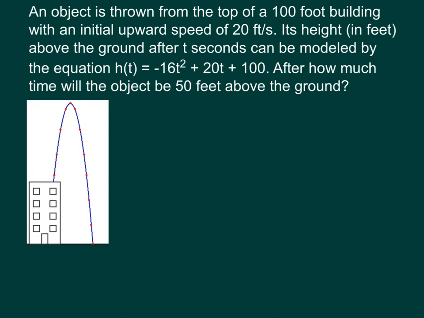So what we're looking to do here is we're looking to use the quadratic formula to solve an equation. We want the object to be 50 feet above the ground, so I'm going to replace the height, h of t, with 50. And that's going to be equal to the rest of my equation, negative 16t squared plus 20t plus 100.